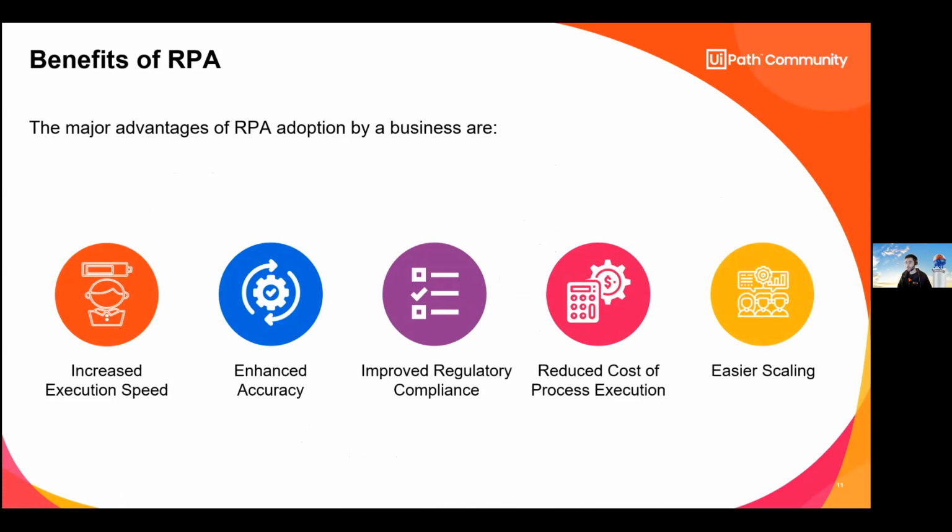We have improved regulatory compliance because processes with RPA allow us to leave all the trail of the process and everything that has been done until now. We have reduced cost of process execution, and this is because robots are more efficient and faster, and they have an optimal use of all the resources that are involved in a process. So that lets us use them in a better way. And we have easier scaling.